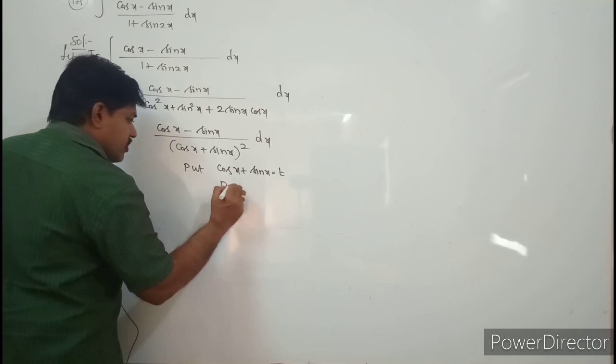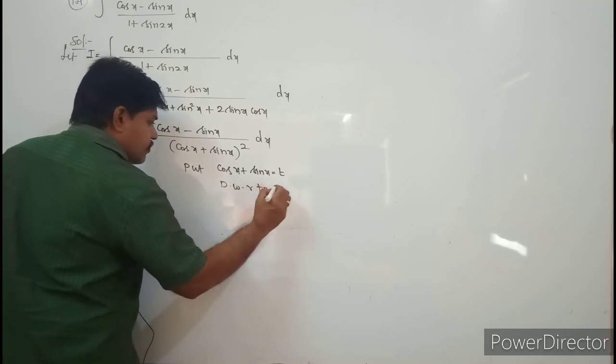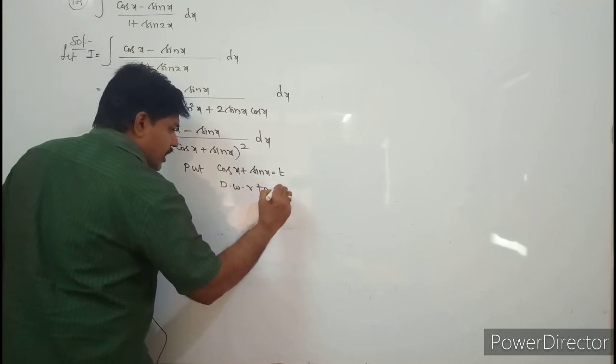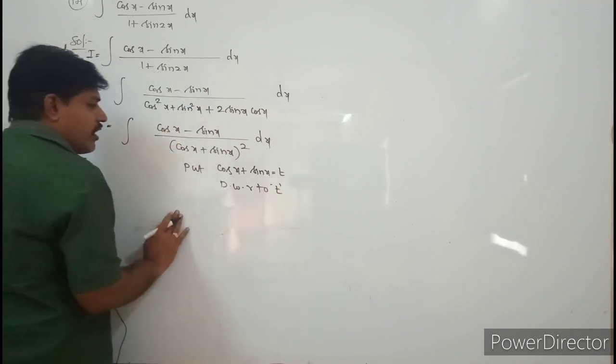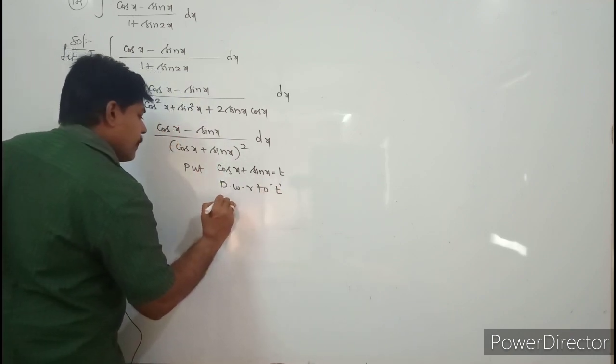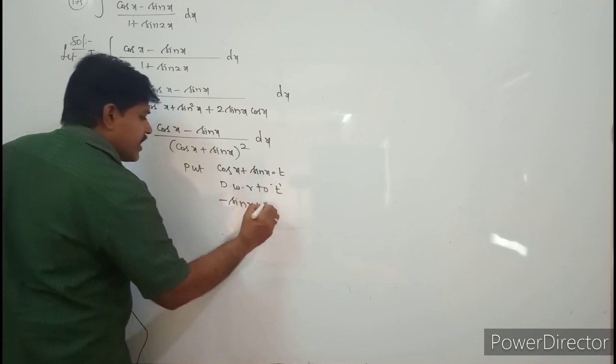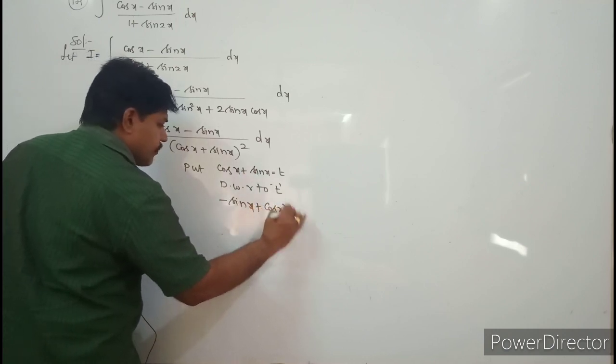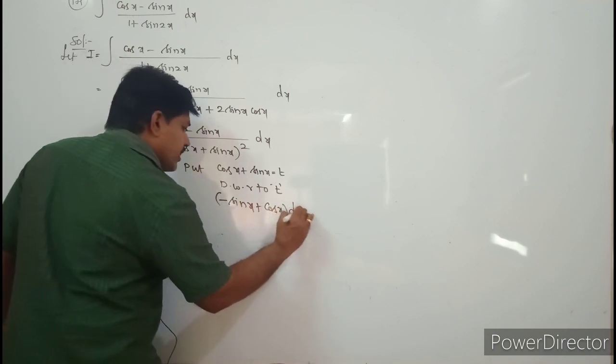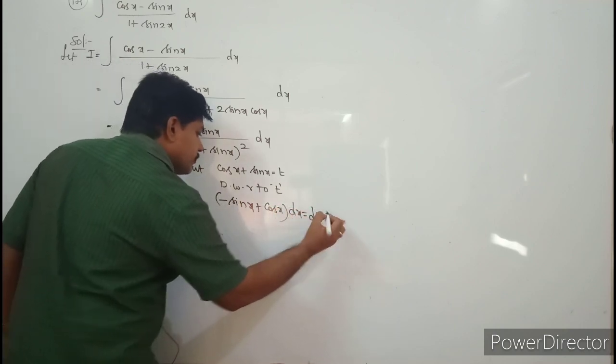So what happens? Differentiate with respect to x. Cos x derivative is minus sin x, plus sin x derivative is cos x, into dx is equal to dt.